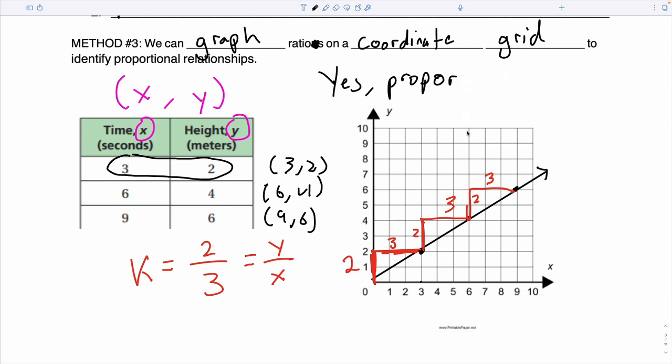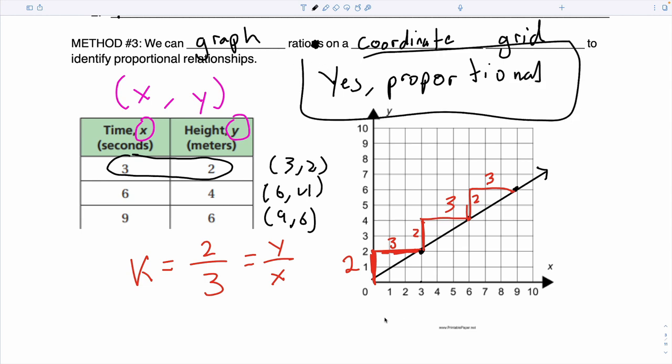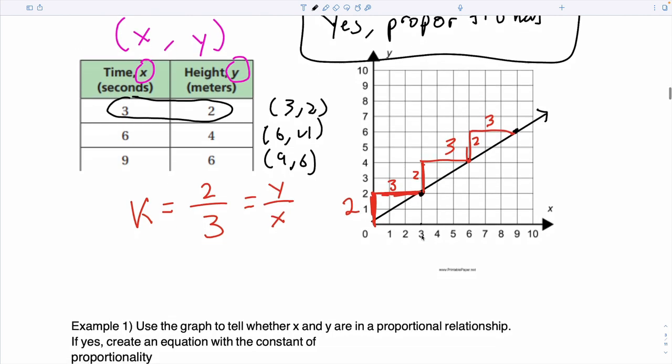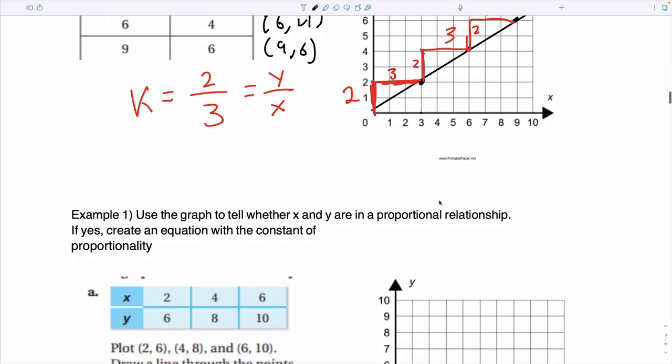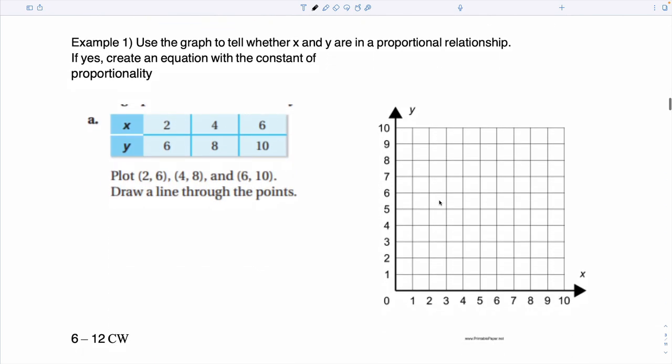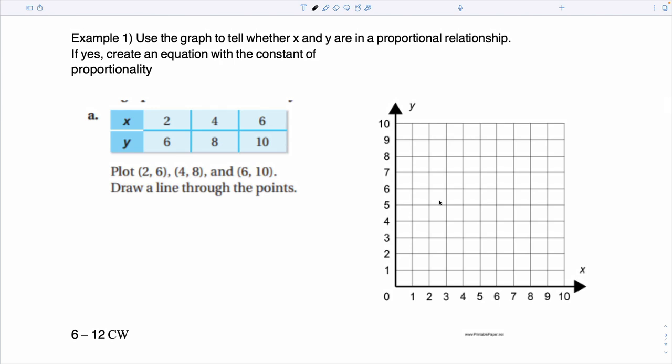Because it goes through 0, 0, and it has a straight line that goes up 2 and over 3, you can say, yes, it's proportional. You can literally look at any graph they give you, and you can say yes or no just by using your eyes. If you have something that gives you a graph on a test, I do not need to see work. If it's asking just for the yes or no, you can look at it and say yes, look at it and say no. Let's do 2 more.